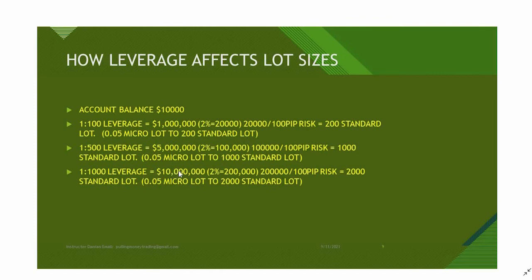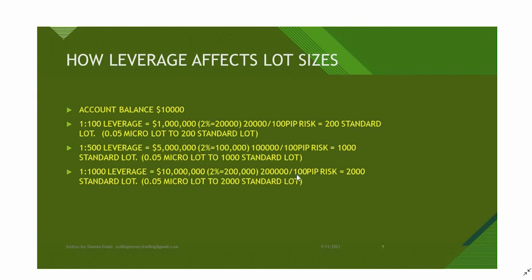And with a 1 to 1000 leverage, an account balance of 10,000 multiplied by 1,000 gives you 10 million. 2% of the 10 million is 200,000.